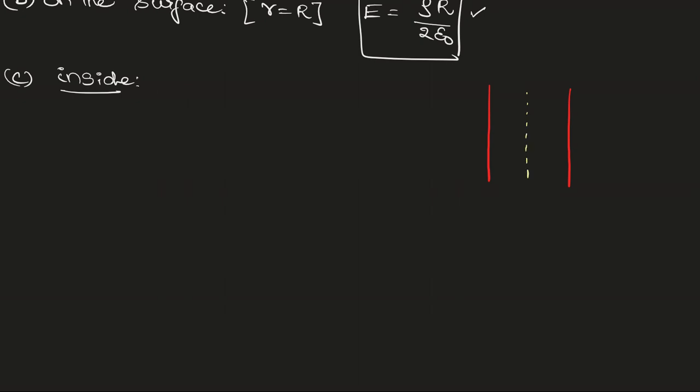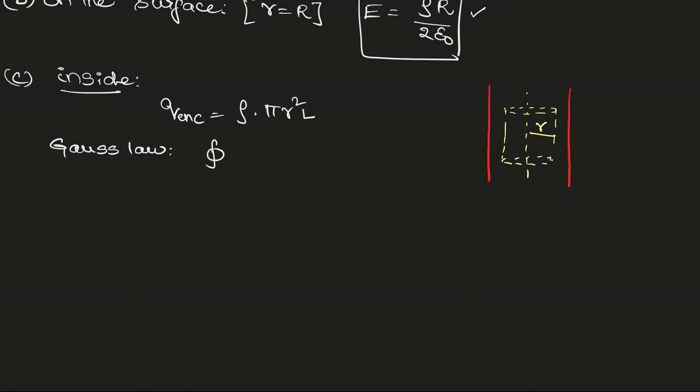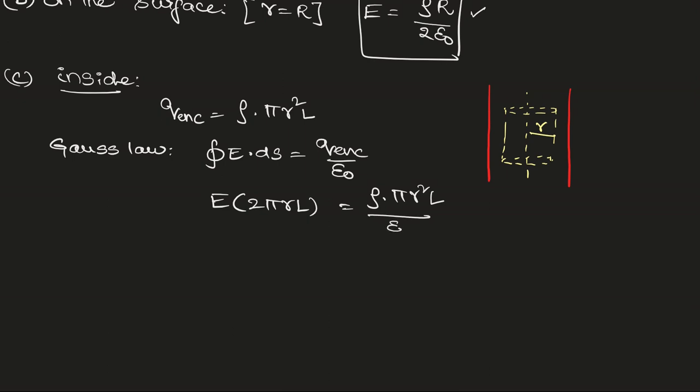So here to construct a Gaussian surface whose radius is smaller, so that charge enclosed will be equal to density into volume of that cylinder, pi r square L. And then if I apply our Gauss law, integration of E dot ds will be equal to Q enclosed by epsilon naught, E into 2 pi r L will be equal to rho into pi r square L by epsilon naught.